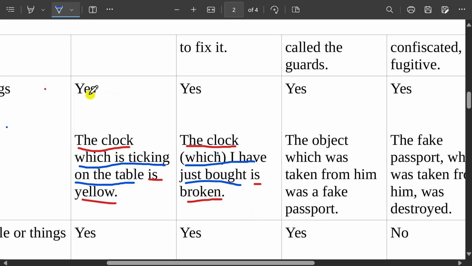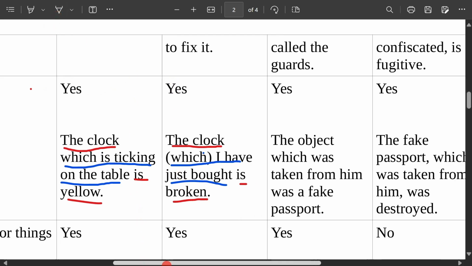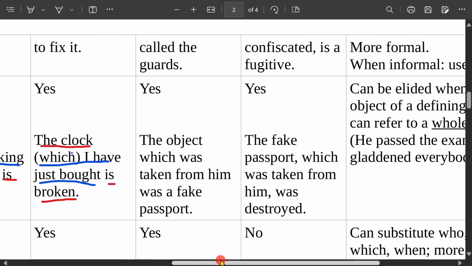So it can be subject or object. Now, remember whether it's defining or non-defining? Defining and non-defining sometimes will change which pronoun you will use, and sometimes it will change the commas that you will use. Okay?